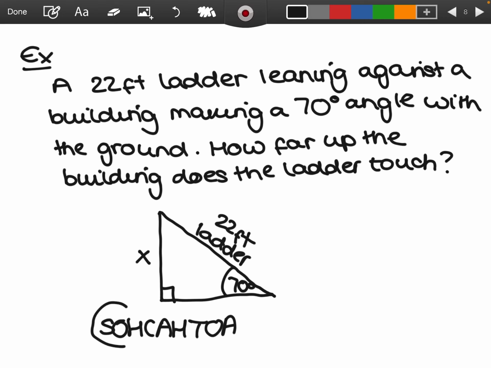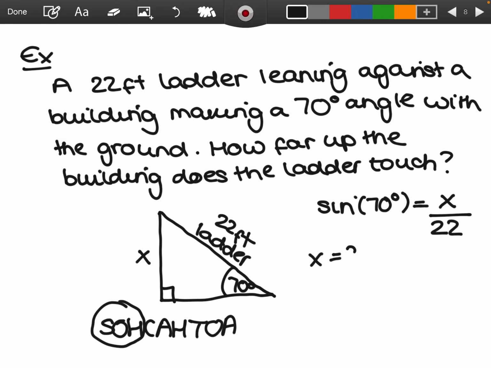If we look at our SOHCAHTOA, I can see that sine of the angle is equal to opposite divided by hypotenuse. So that particular trigonometric function includes everything that I know and want to know. So sine of 70 degrees is going to equal the opposite side divided by the hypotenuse. So X is going to equal 22 multiplied by sine of 70.